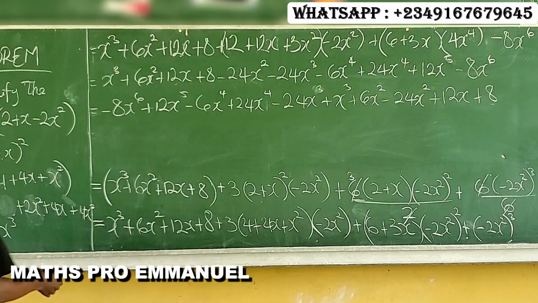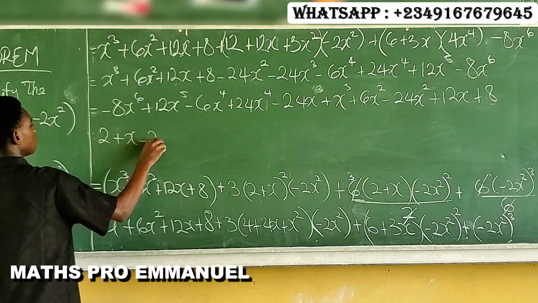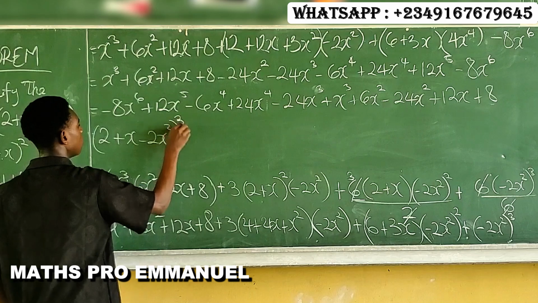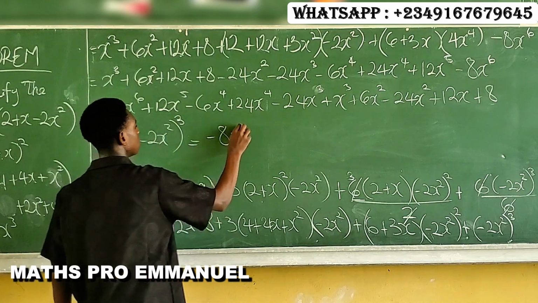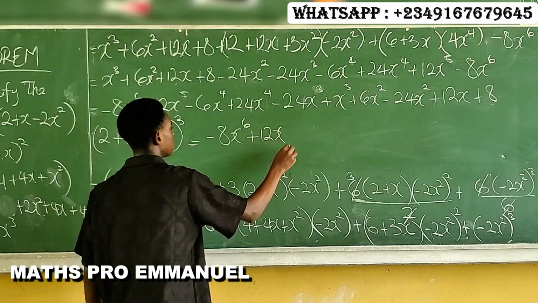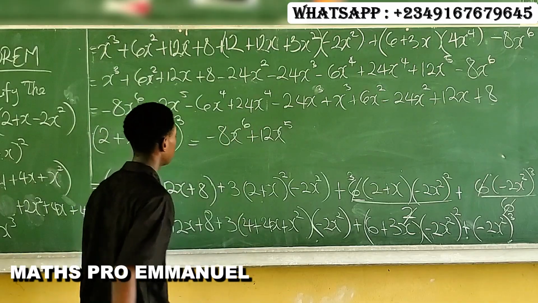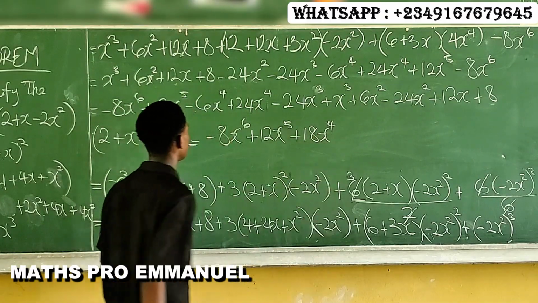So now finally, the expansion of 2 plus x minus 2x squared all raised to the power of 3 will be equal to minus 8x raised to the power of 6 plus 12x raised to the power of 5. Then if I add the minus 6x plus 24, I'll have plus 18x raised to the power of 4.